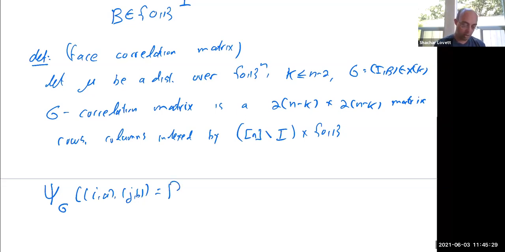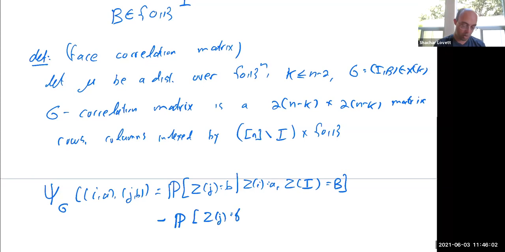That's going to be the probability that Zj is B, conditioned on Zi is A and also Z on the elements I is B. Here I'm shorthanding, saying conditioned on Z taking the color A on coordinate i, but also coloring all the elements in the set I with the colors B, minus the probability that Zj is B, conditioned only on Z on the elements I being B.